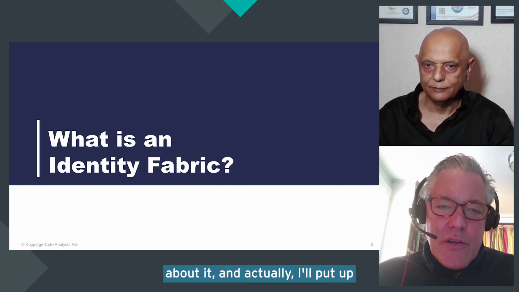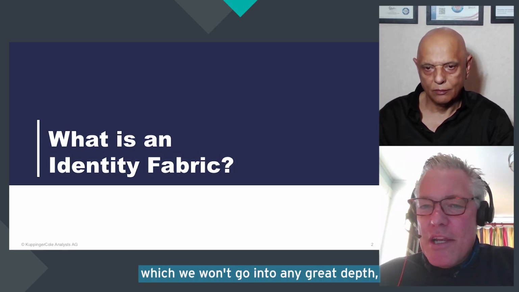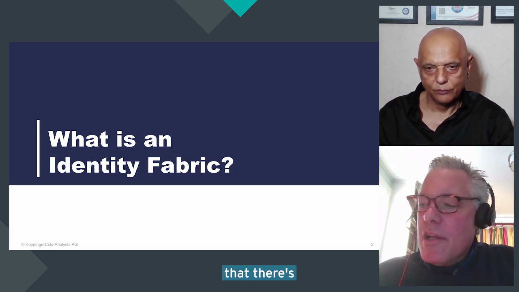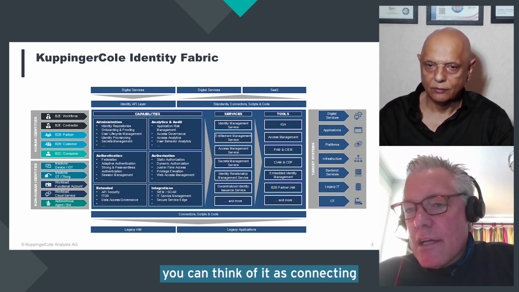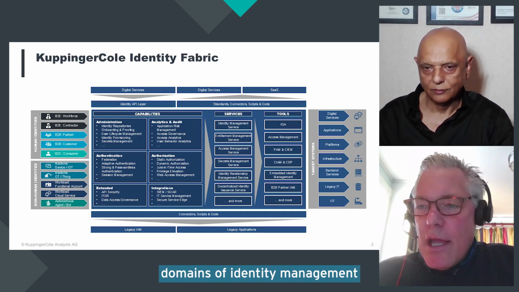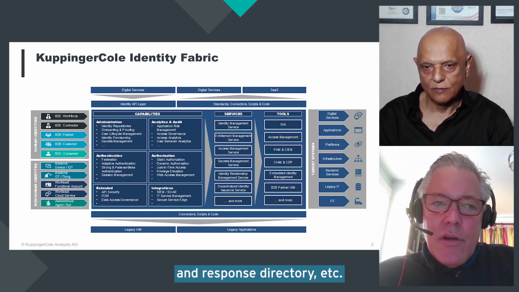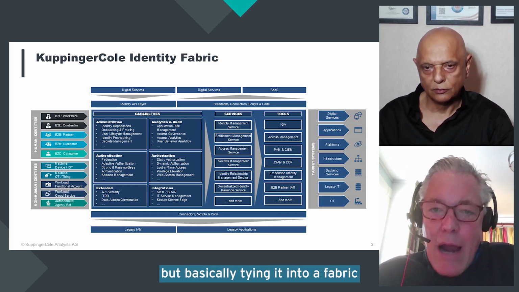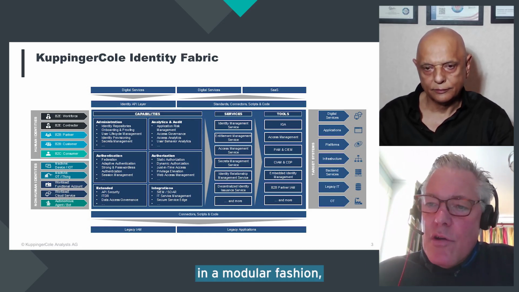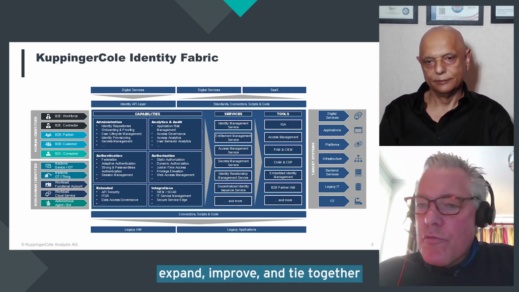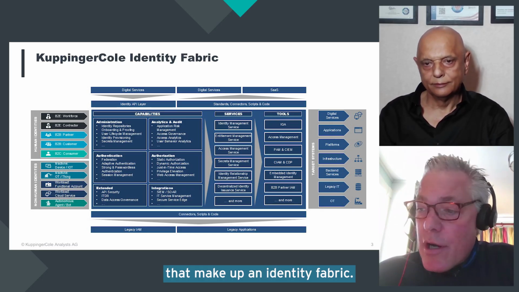Another way to think about it, and I'll put up a very detailed graphic, which we won't go into in any great depth, but just to give you a sense that there's a lot of complexity underlying the identity fabric. You could think of it as connecting some of the subdomains of identity management, like identity governance, access management, identity threat detection and response, directories, etc. But basically tying it into a fabric that an organization can over time, in a modular fashion, roll out, expand, improve, and tie together the various components that make up an identity fabric.